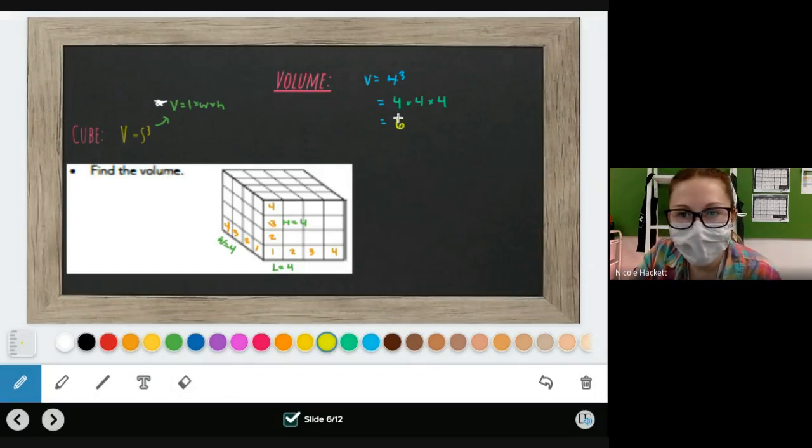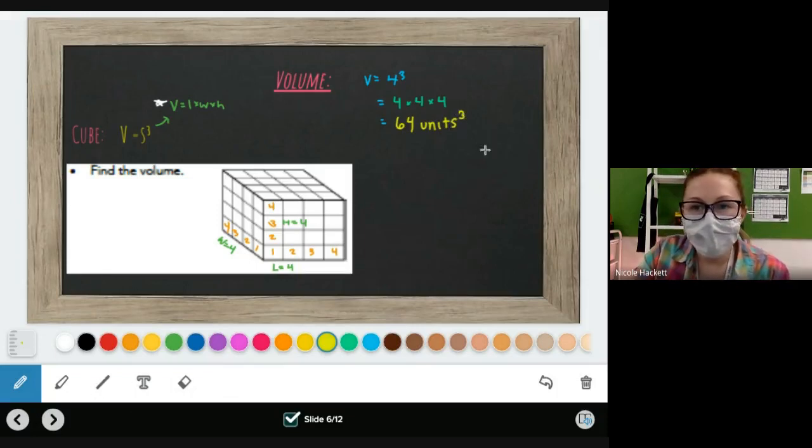You should get 64. And we're going to say units cubed, because we're talking about volume. So that right away, if I just look at the measurement there, I would know that we're talking about volume because to the third power. So that's super important to have that there.